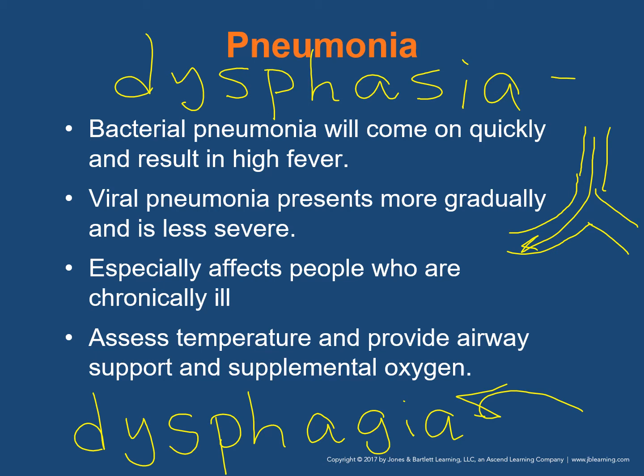Sometimes, if it's a viral thing, they just start out with an upper respiratory infection, a sore throat, a cough, and then it progresses to they just feel sick, with that general malaise, just kind of lethargic, less apt to go run up and down the stairs. And then it might progress into a pneumonia.